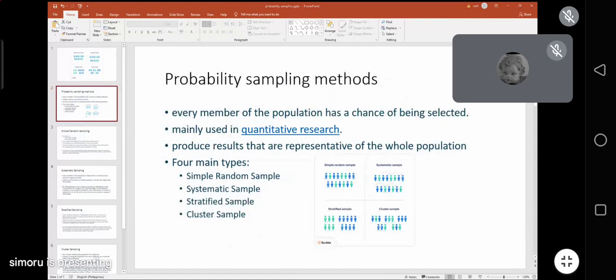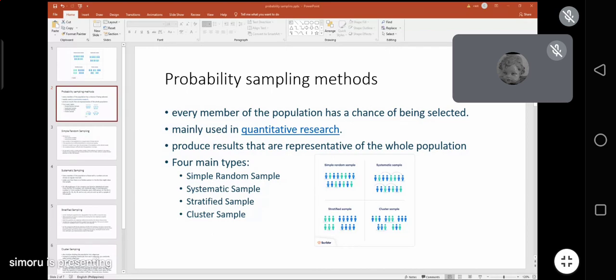So does anyone have any questions? While I wait for your questions, I'll remind you again that what will appear in your exams are the definitions, what type of sampling method it is, and which type of sampling method you will use on that problem.